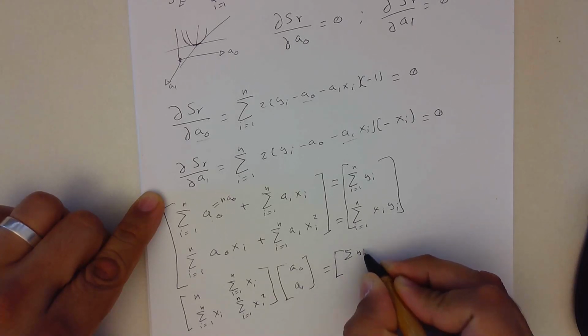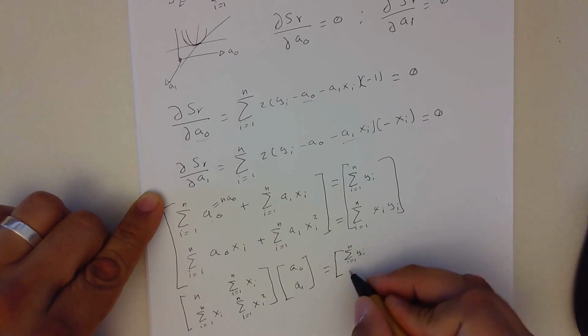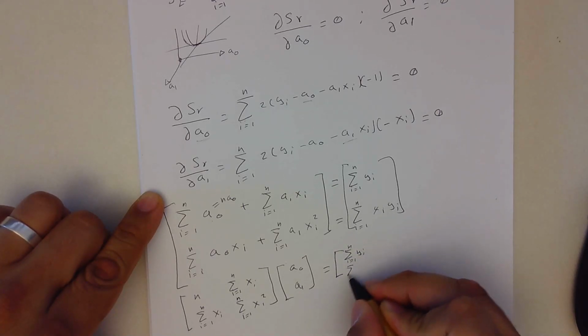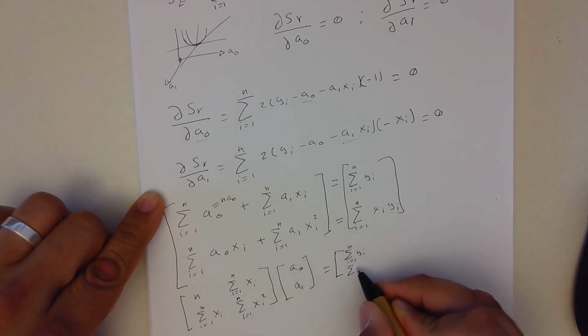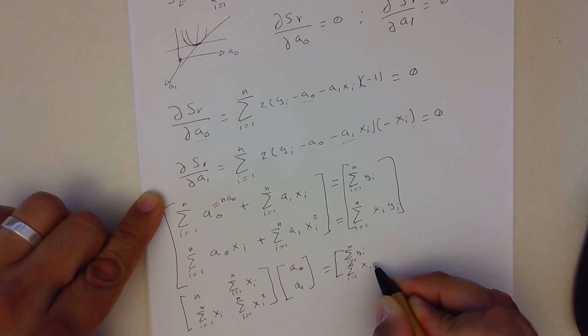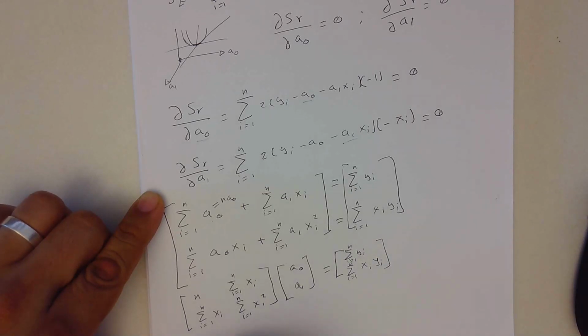Now what if we solve the matrix to get the values for a0 and a1? We will have something like this.